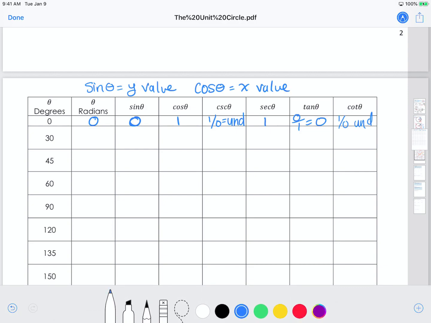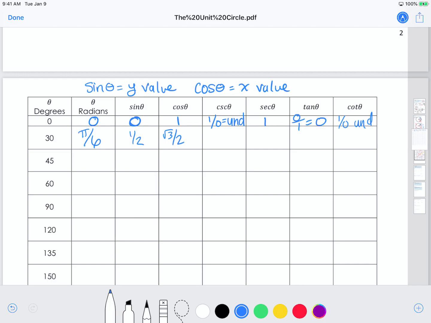So my x value at 30 degrees is the square root of 3 over 2, and my y value is 1/2. In radians, that would be pi over 6. That's labeled on the circle, but you know how to convert it, right? We would multiply by pi over 180, and we would get pi over 6.